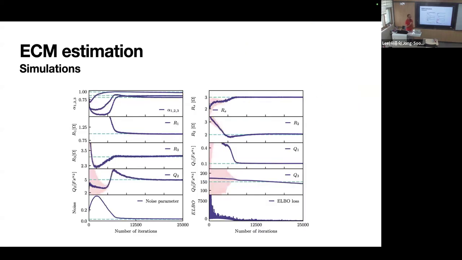So if we start all of this, this is how the optimization process goes. As you can see, for example, for the Q parameters, the pink haze is confidence interval. So at the moment, at the very start, the distribution of these parameters is rather wide.